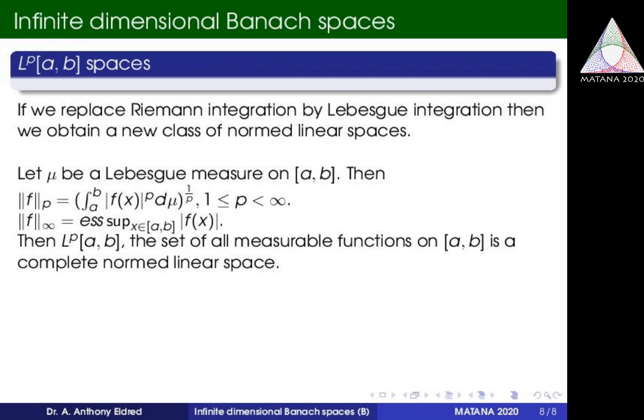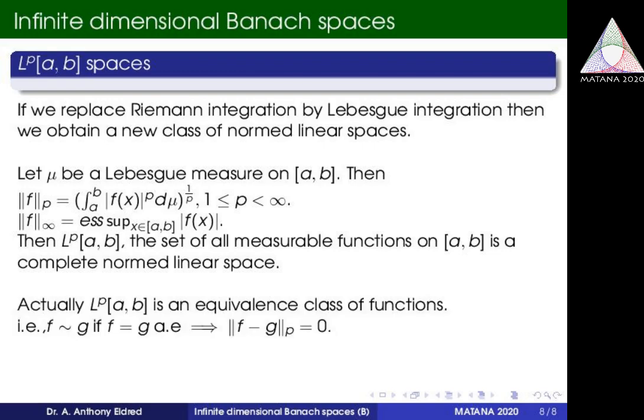The only thing is the capital LP spaces, actually they are equivalence classes of functions. That is, we have f equal to g if the set of all points where f of x not equal to g of x has measure 0. So equality is almost everywhere.